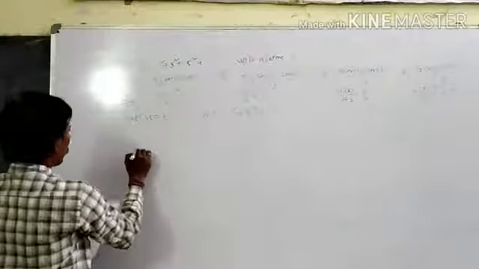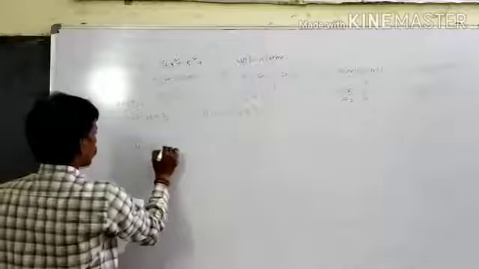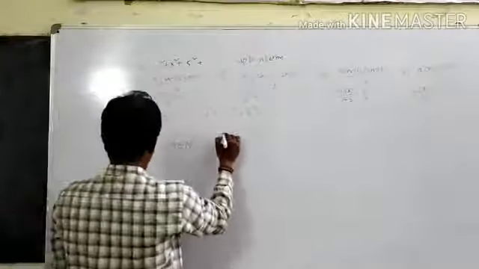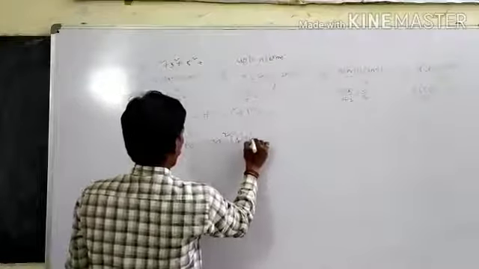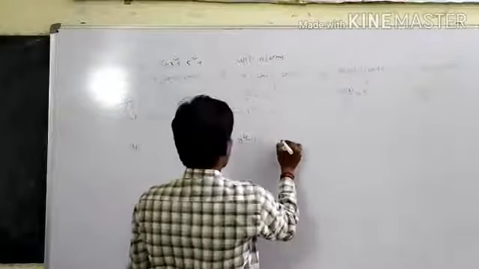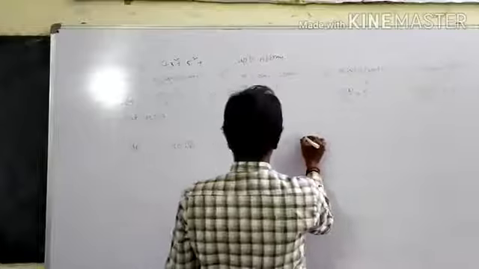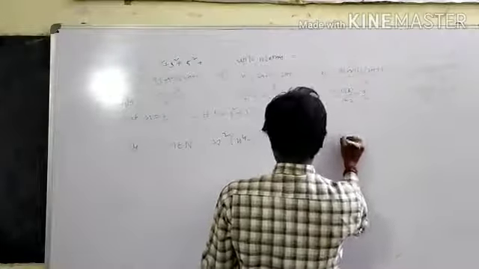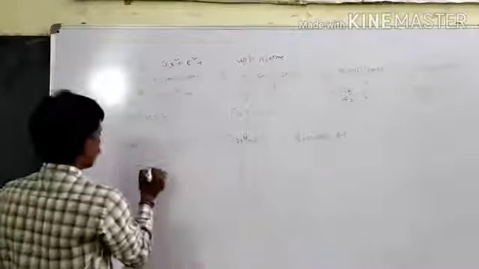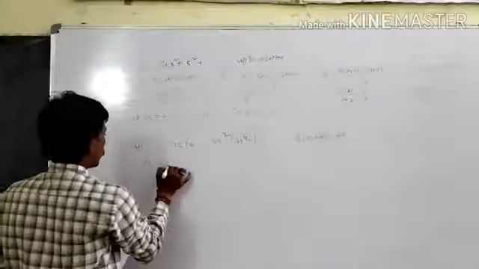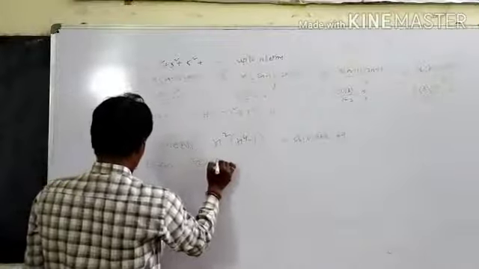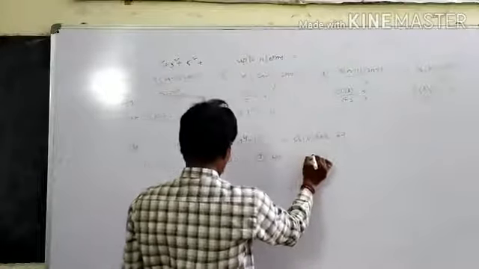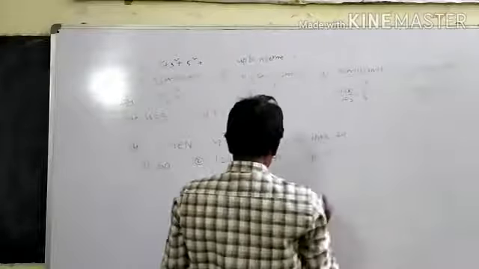Fourth one. For all n belongs to N, n square into n power 4 minus 1 is divisible by: first option 60, second one 120, third one 45, fourth one 90.